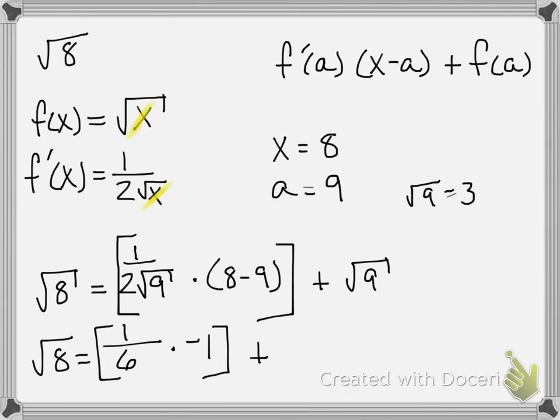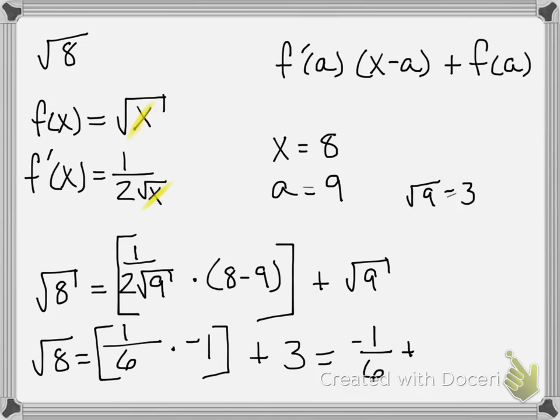I got ahead of myself. Plus 3. So that is going to be equal to negative 1/6, because we have negative 1 times 1/6, plus 3.